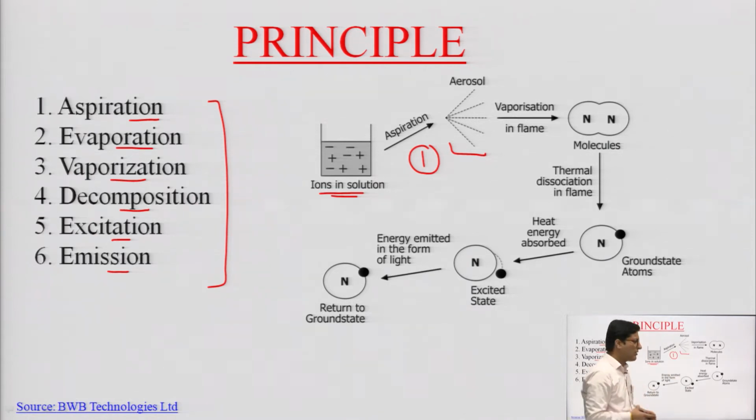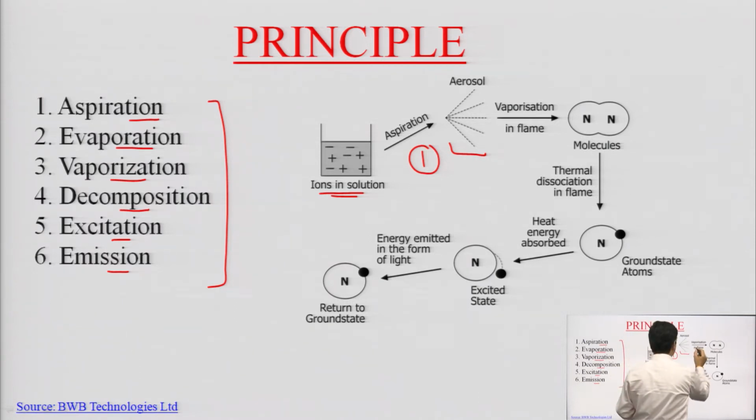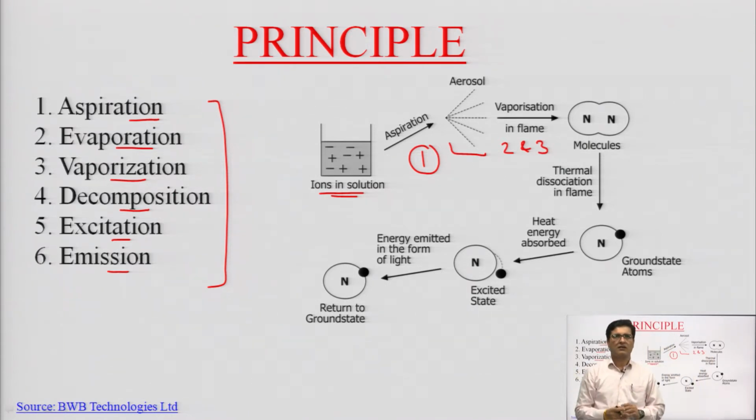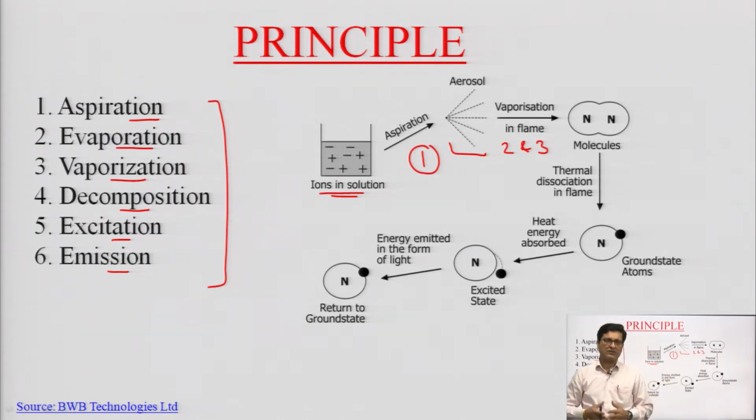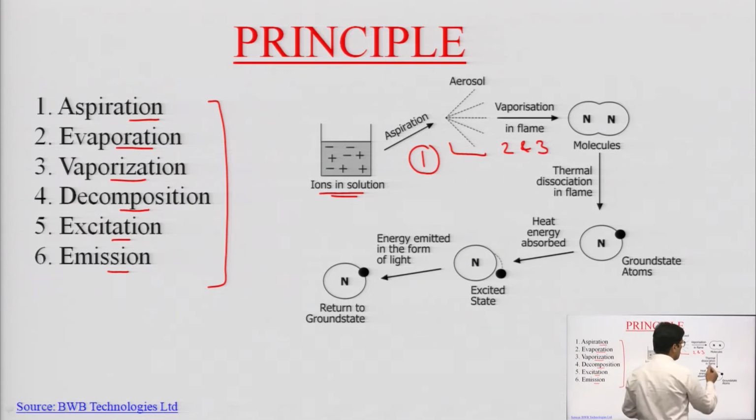That is steps number 2 and 3, which include evaporation as well as vaporization. As these metal salts are vaporized, due to the absorption of energy from the flame, thermal dissociation takes place, which is step number 4.